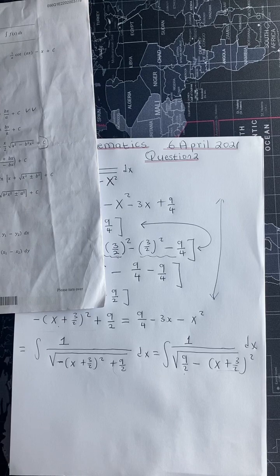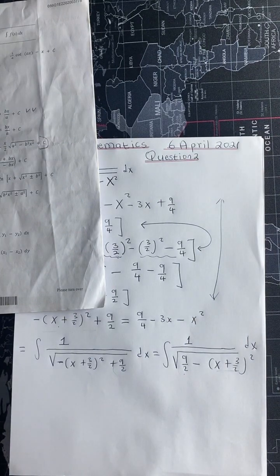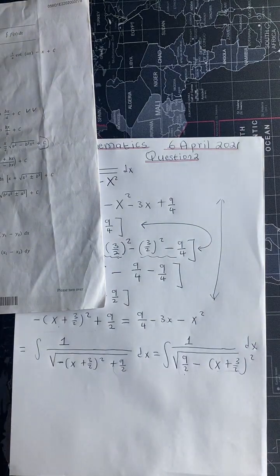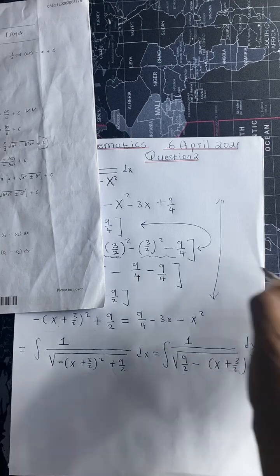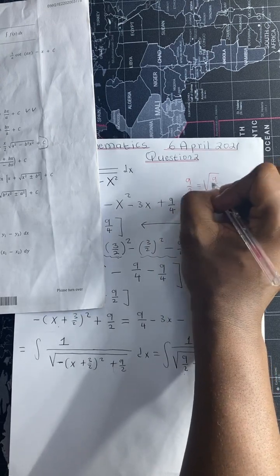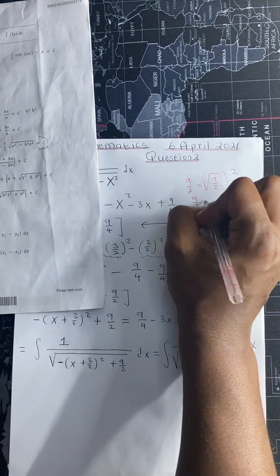So we have to write the 9 over 2 as squared. 9 over 2 is equal to the square root of 9 over 2, but in order for this to be equal, we have to square that.